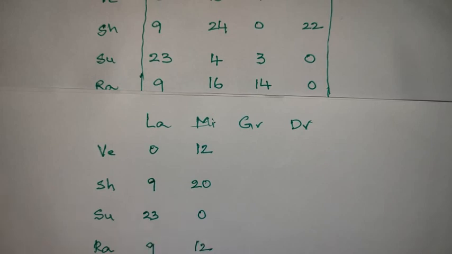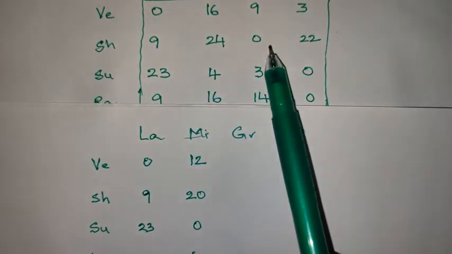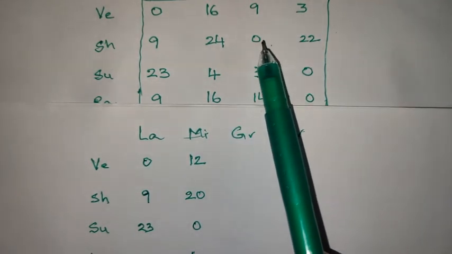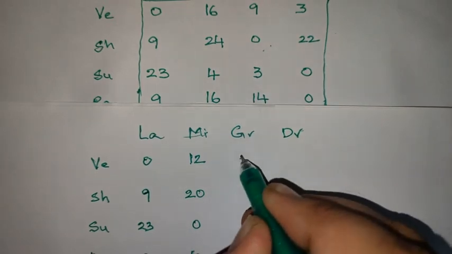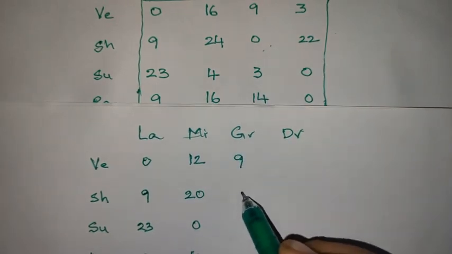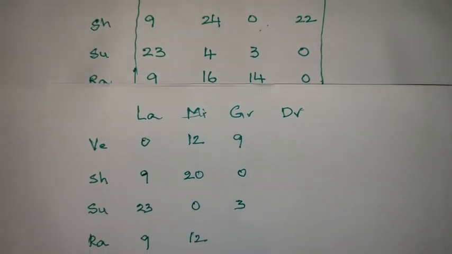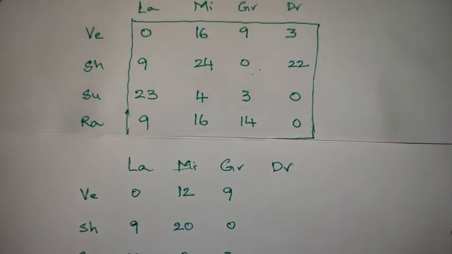And next take the third column. In the third column of values 9, 0, 3, 14, the minimum is 0. Now subtract this 0 from all the 4 values so that you will get the same column: 9, 0, 3, 14. And next take the fourth column.